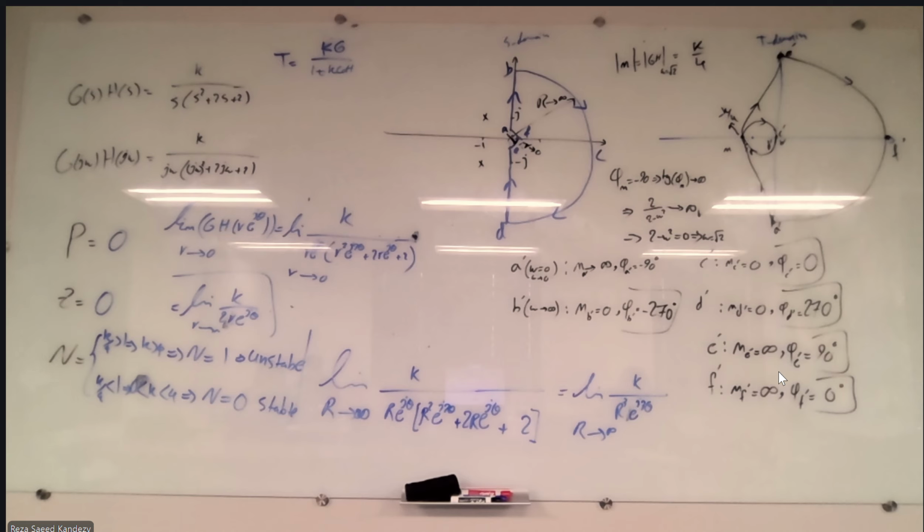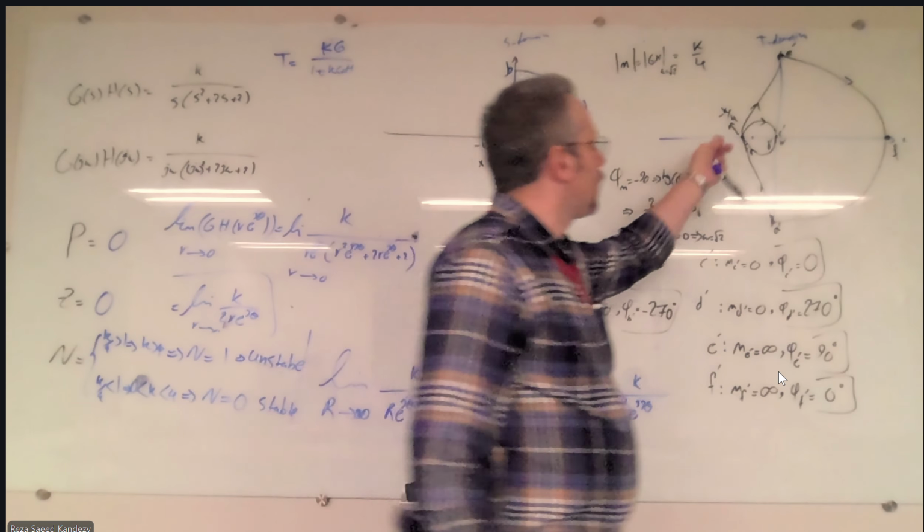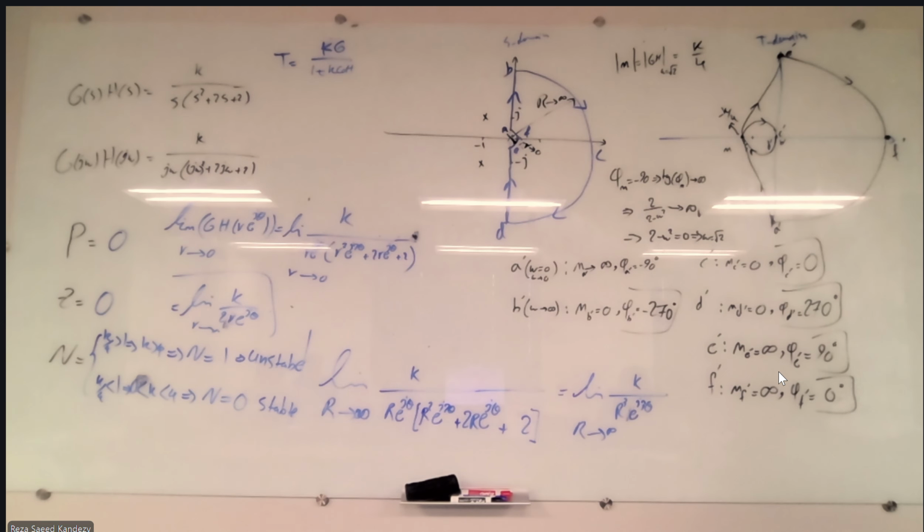Any question? Are you good on that? So this is how we can first plot the Nyquist, okay, and then find out for what condition we have the stable or unstable situation, for what value of K. Now, if you happen to not have a K and it was a constant number, then you don't need to consider M as a function of K. You already know if M is before minus 1 or after minus 1.